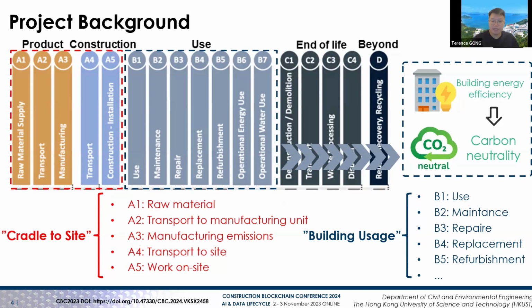The second, the B stage, is the building usage, after the construction stage, when the building is in use. Of these two LCA stages, the carbon emissions take the most part of the construction life cycle, so we will mainly discuss this part.